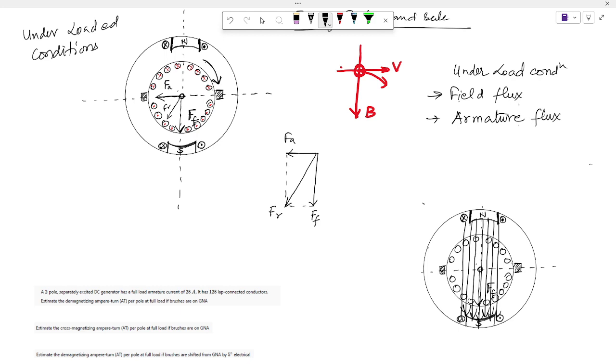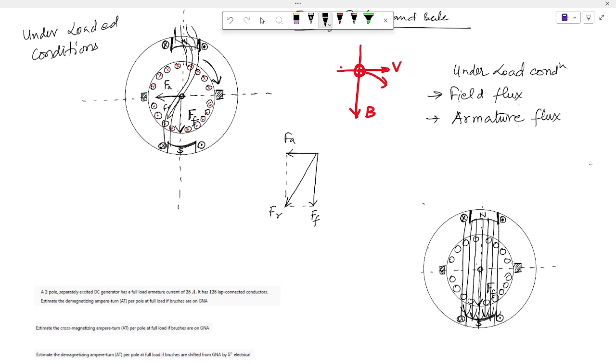Now what will happen? The effect of the armature will cause the flux lines to start like this. They will come from here and go to the armature.